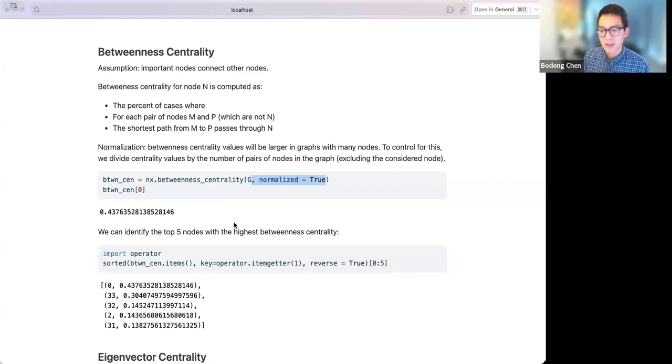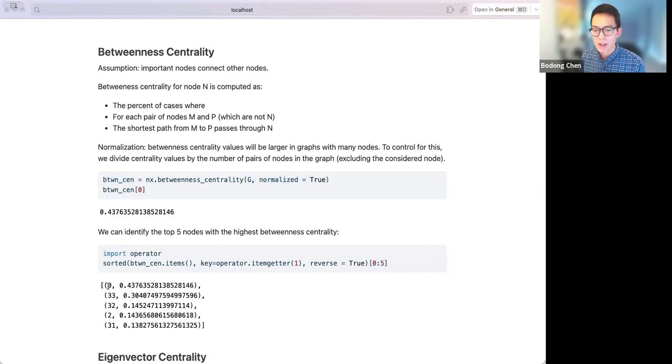You can also try to find, just for fun, the top 5 nodes with the highest betweenness centrality, because you already have it computed for every node in the network. You can sort this list, and then just get the first 5.